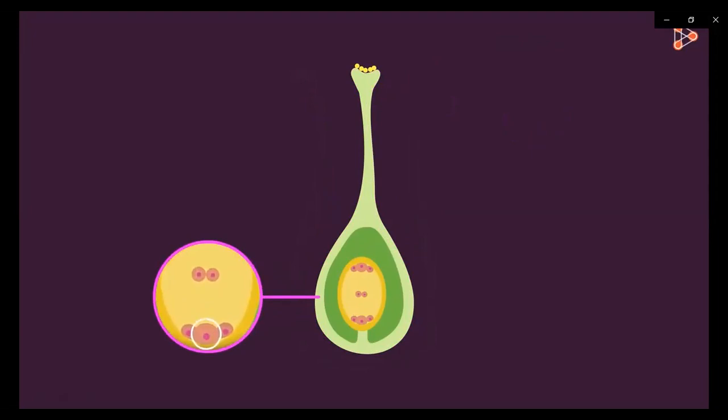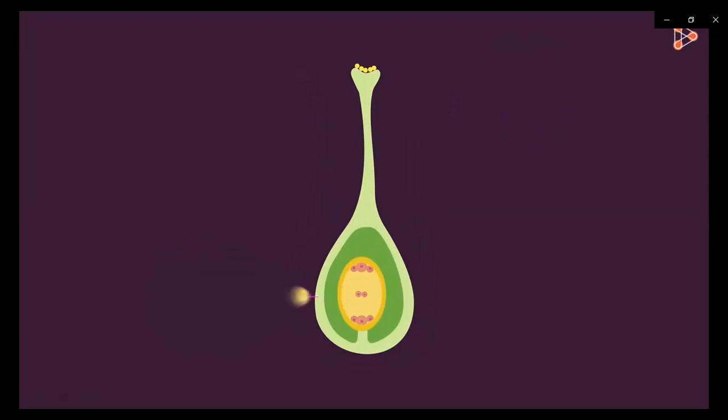The female gamete or the egg cell is present inside the ovary. To form a zygote, the female gamete has to fuse with the male gamete. Now, how will this happen? It is made possible by a structure called the pollen tube. This tube is formed from the pollen grain itself. The tube travels down the complete style and ultimately reaches the ovary.